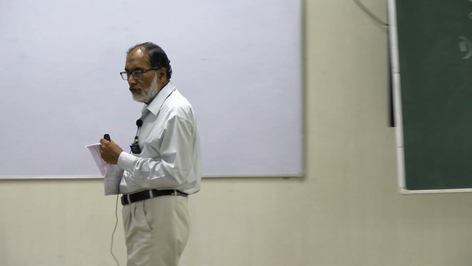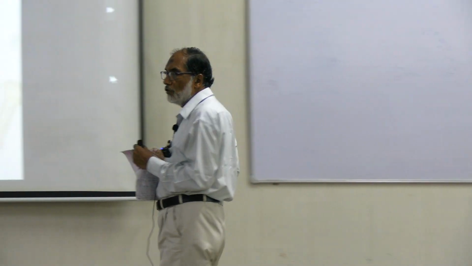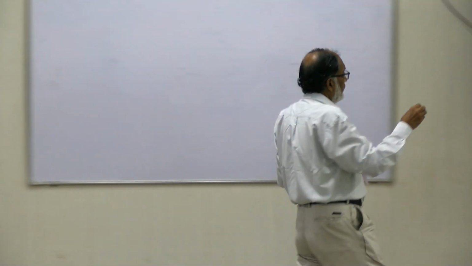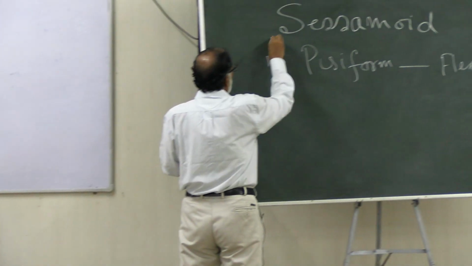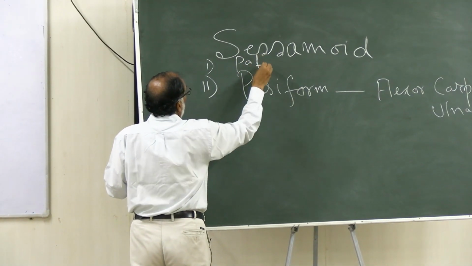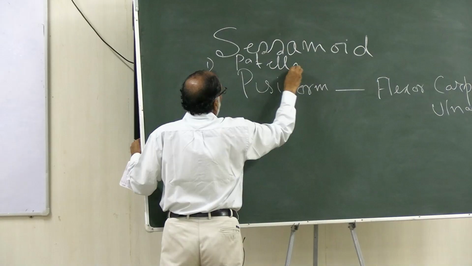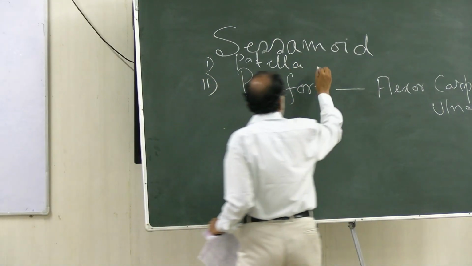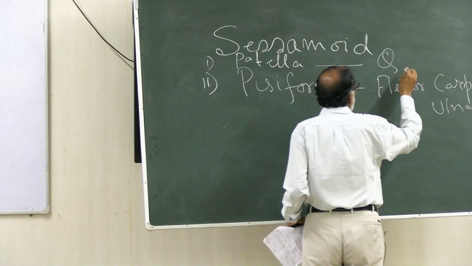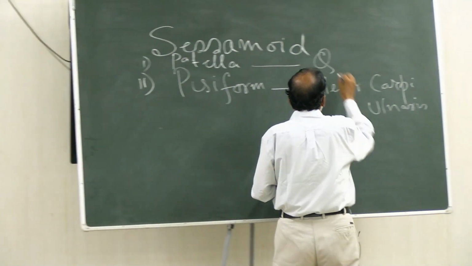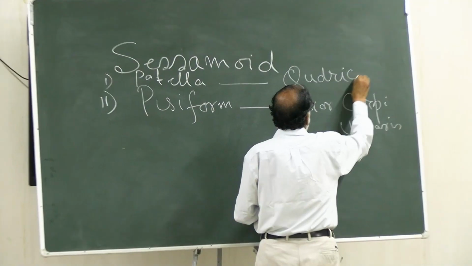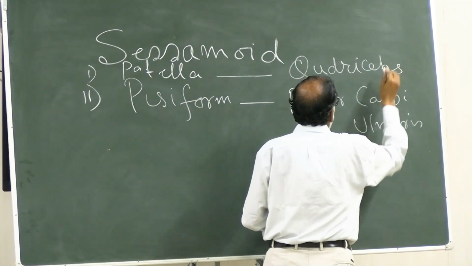There is another bone called the rider's bone. The first is the patella, which develops within the tendon of quadriceps femoris.